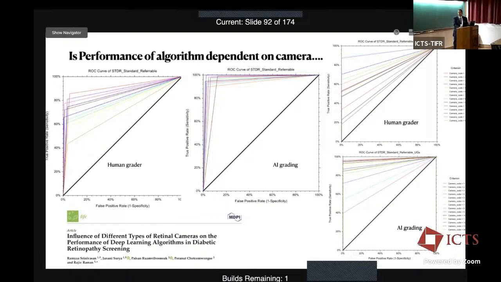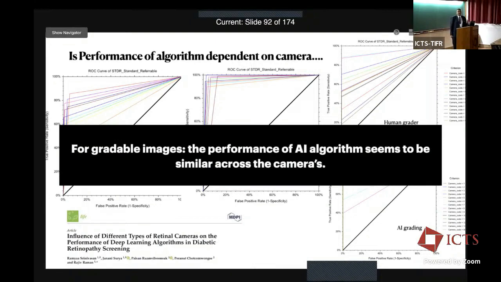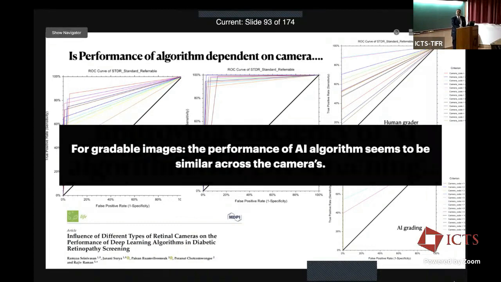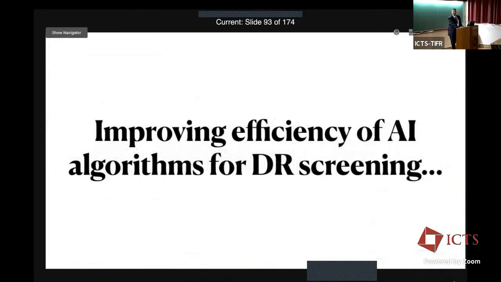What we found is that if the image is gradable, the performance of the AI algorithm seems to be similar, though the rate of ungradability changes with the quality of the camera, but once the image is gradable, AI performs equally well.